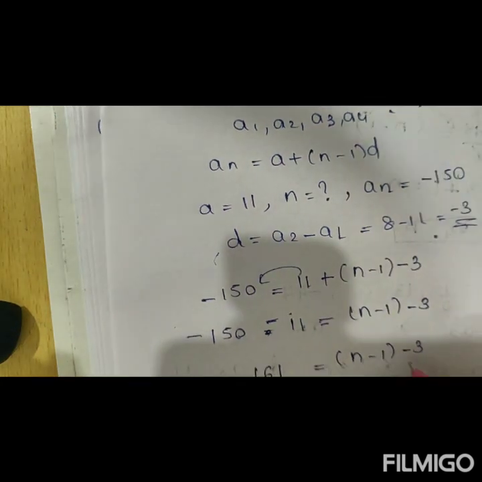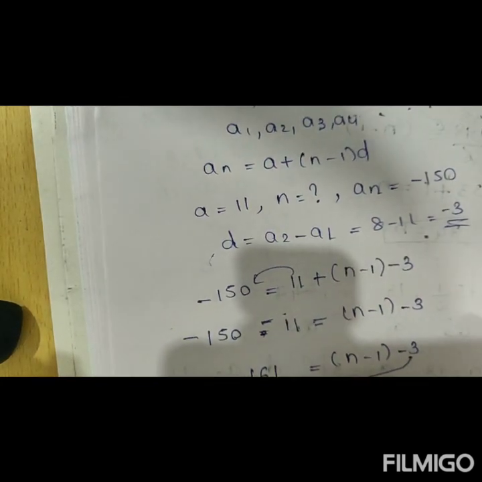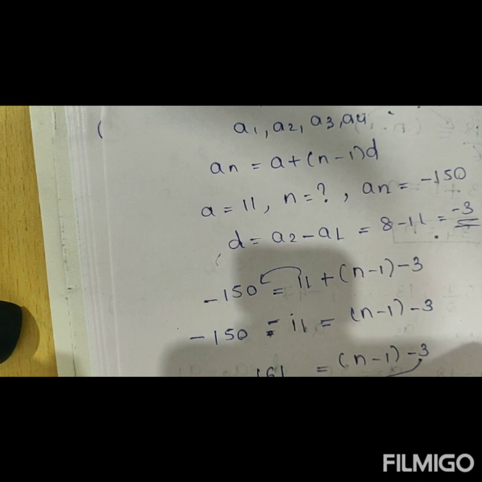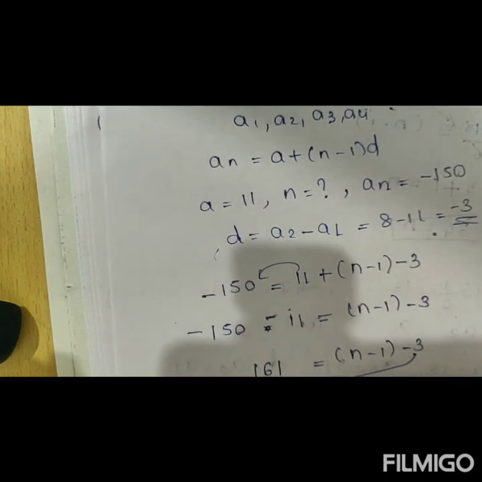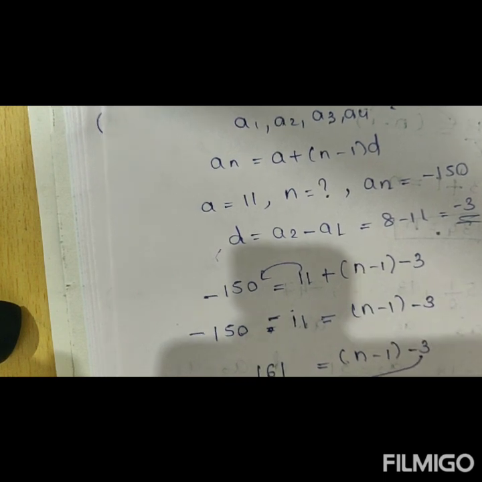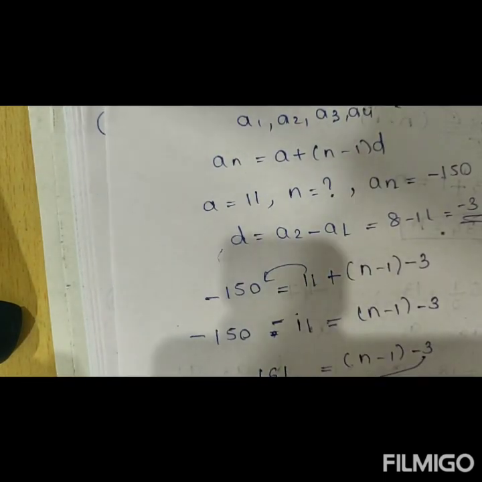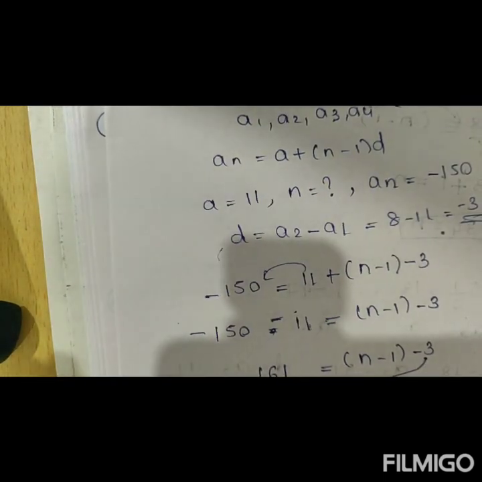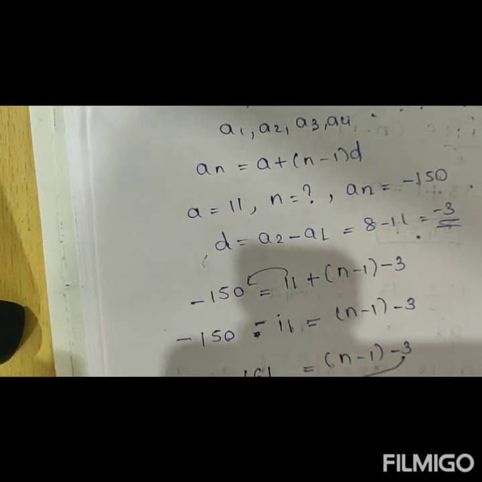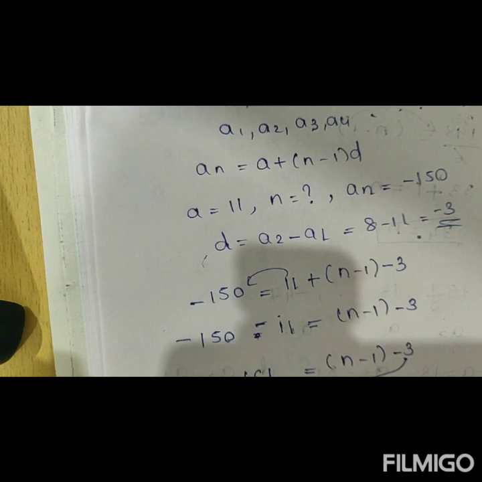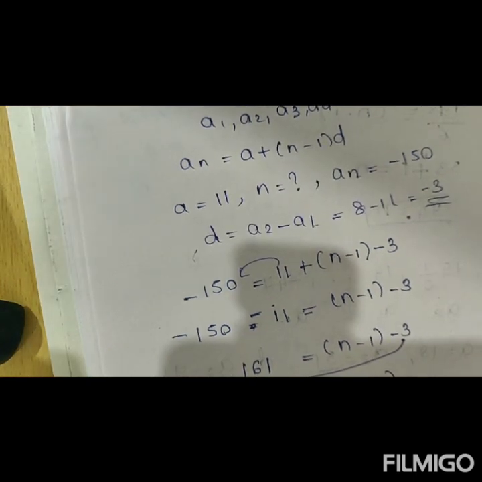So if we divide, 3 will come to the denominator, minus 161 by 3, minus will be here, N minus 1. So it will be 161 by 3, which is 53.66, equal to N minus 1. So 1 will come this side, it will be 54.66.